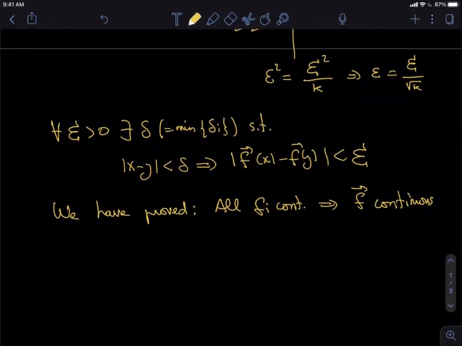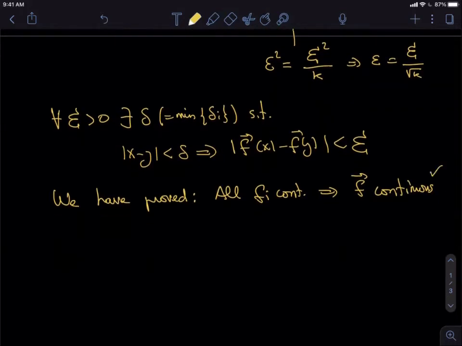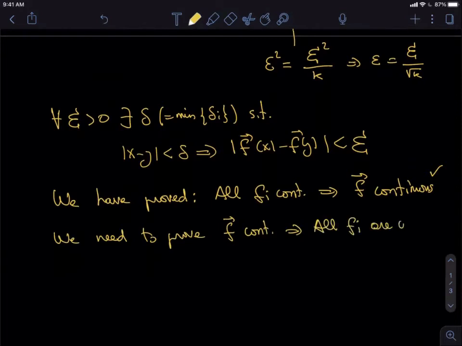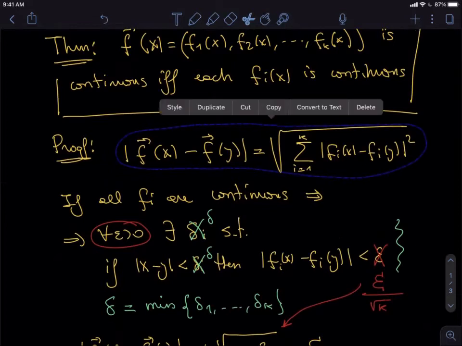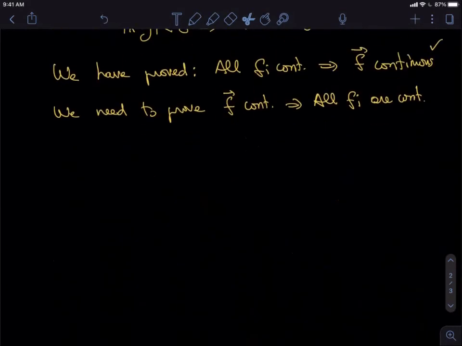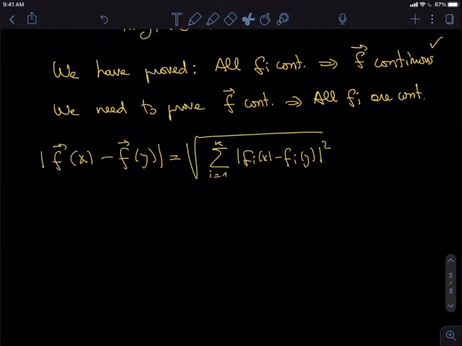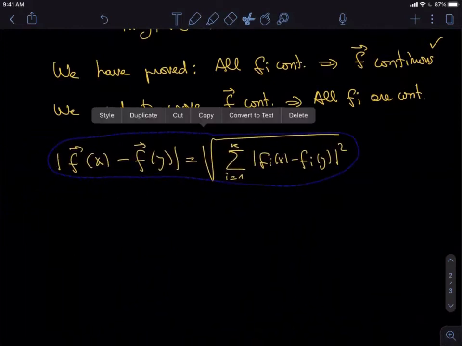But we saw this was an if and only if, so we need to prove that if vector f is continuous, then all f_i are continuous. But this is actually very similar, and follows from the same identity, that's the definition of the magnitude of a vector.